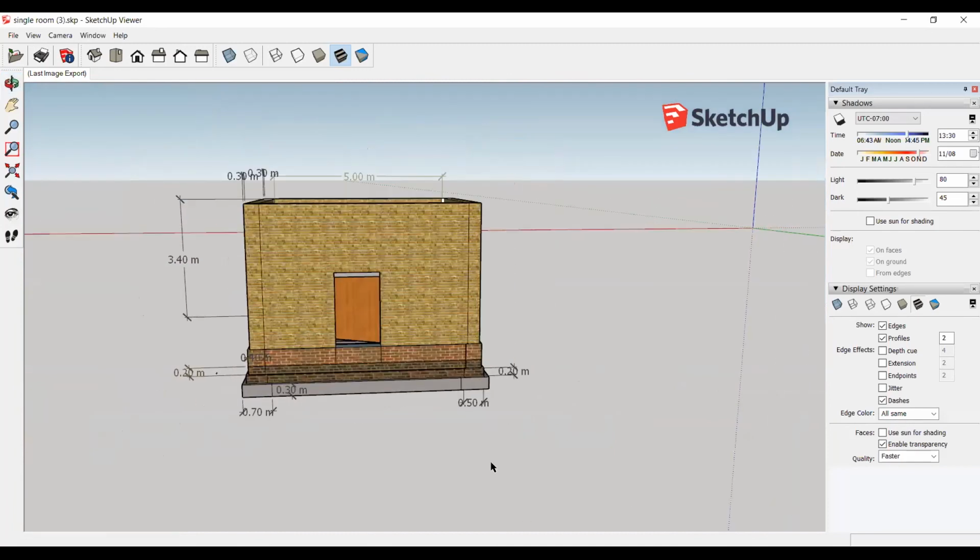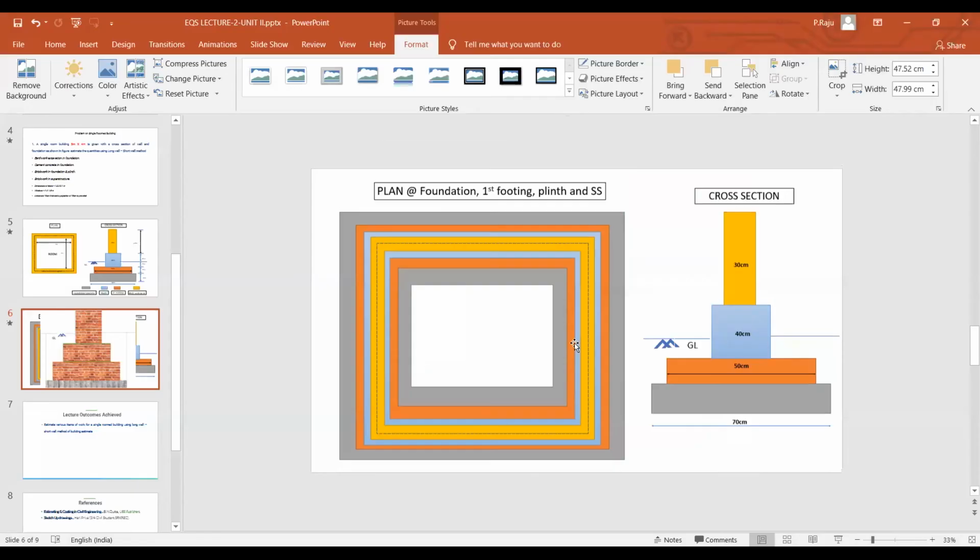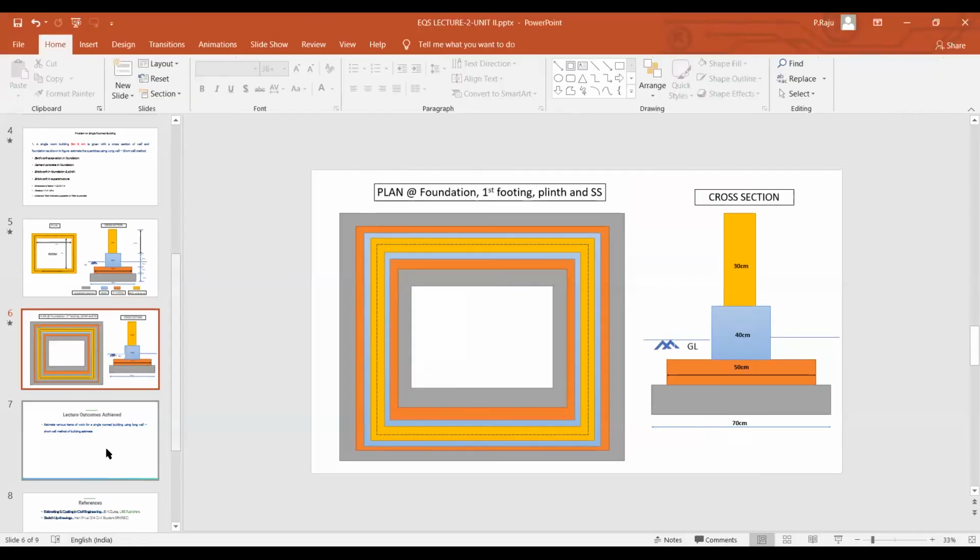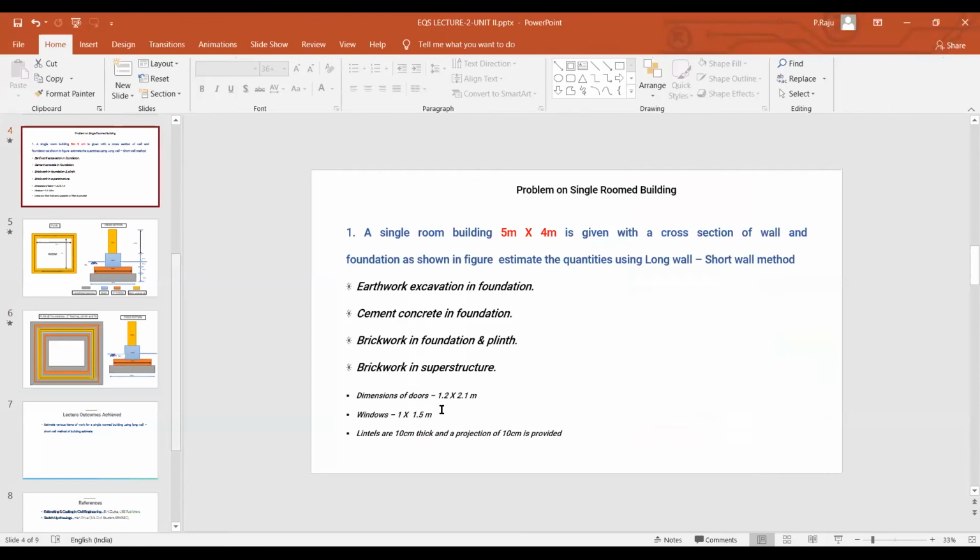From the question, we can see the dimensions have already been given. The dimensions are 1.2 by 2.1 meters for the door, and the window is 1 by 1.5 meters.